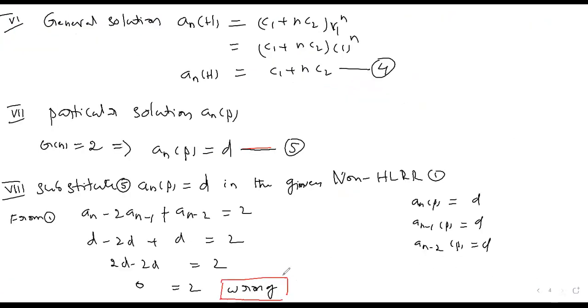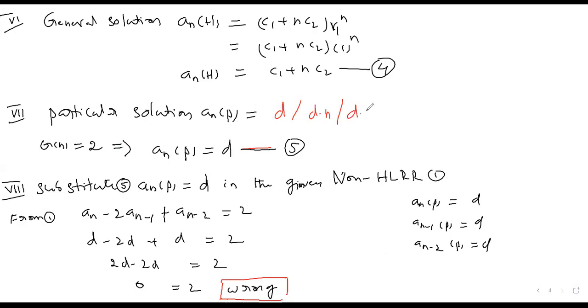So here we are getting wrong. Therefore, you take the particular solution. That means the 8th step you can repeat. The same 8th step I am repeating. Clearly listen, my dear students, this is very, very important. First you take D. Suppose D is not satisfied, then you take D into n.